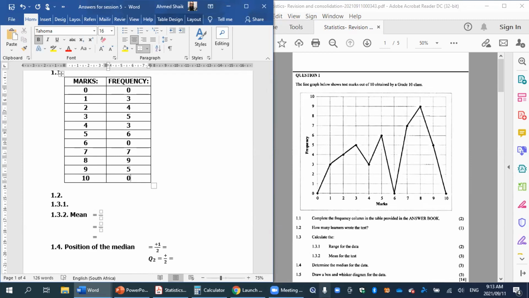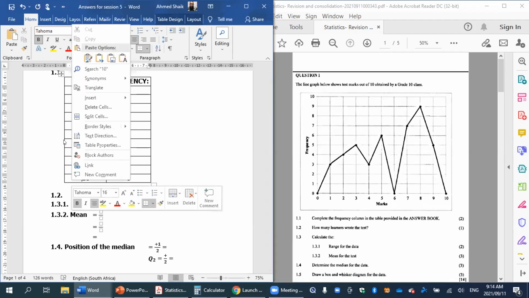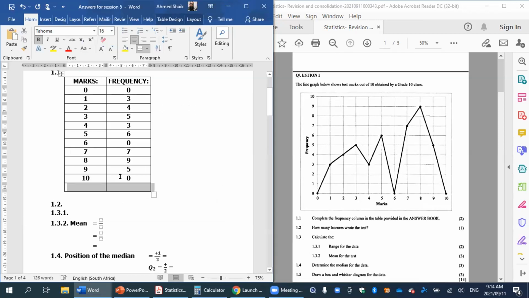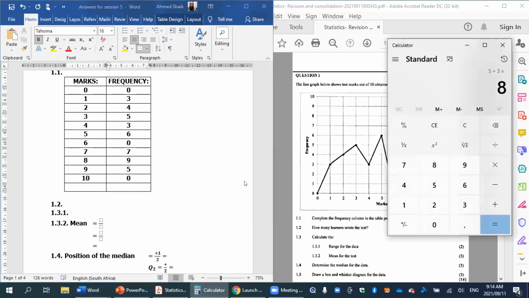Let's look at the next question, which is 1.2. How many learners wrote the test? In order for us to calculate that, we need to calculate the total of our frequency column. Let's get out our calculator and work that out.